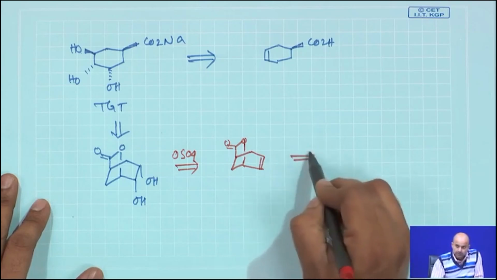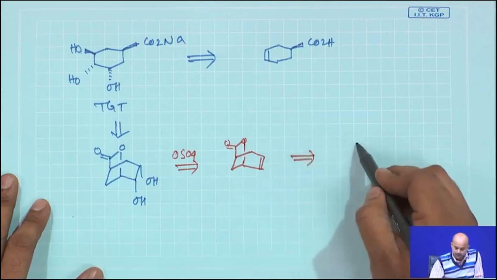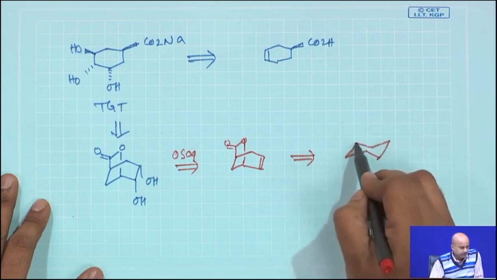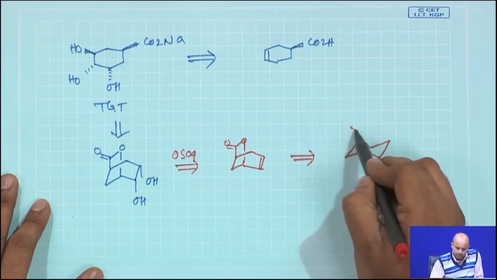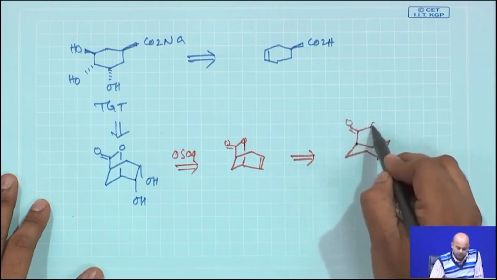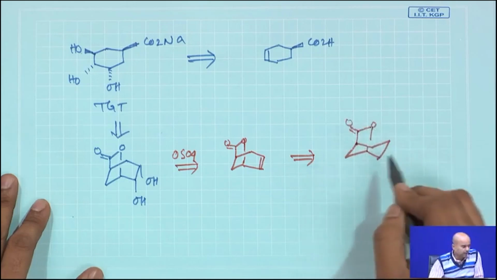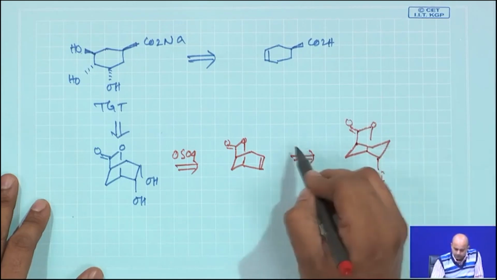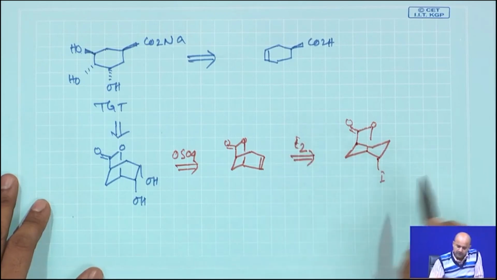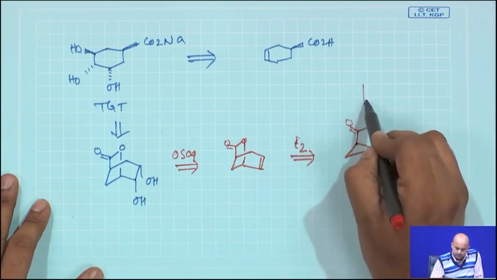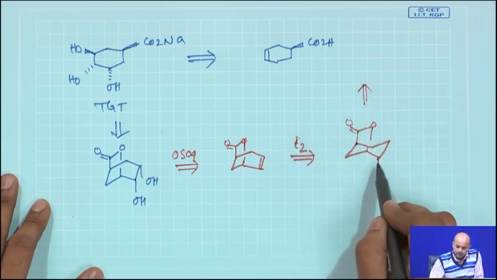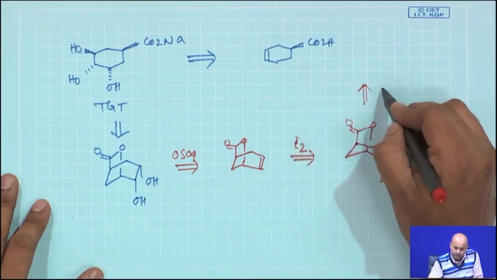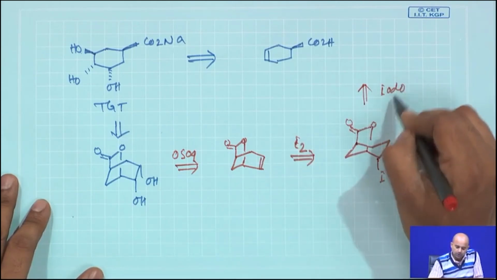And then we try to figure out that this particular iodolactone can give you this olefin by simple E2 elimination. Okay. Now, this iodolactone can be constructed from this carboxylic acid through an iodolactonization.